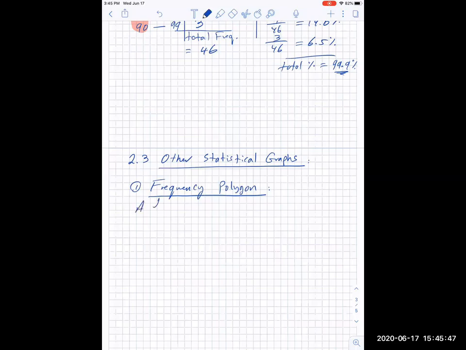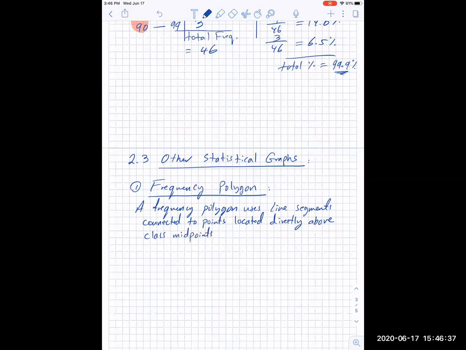A frequency polygon uses line segments connected to points located directly above class midpoints, or class midpoint values.